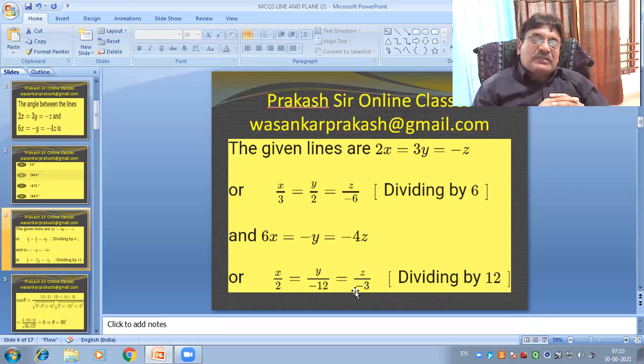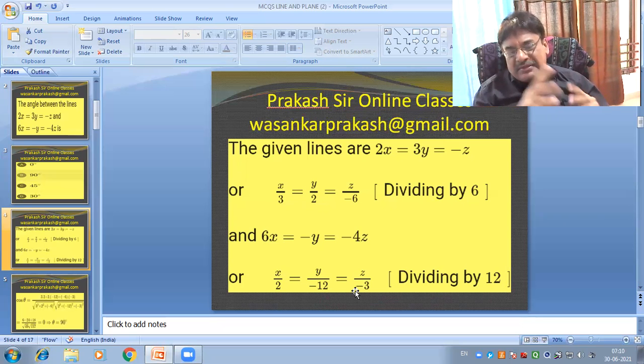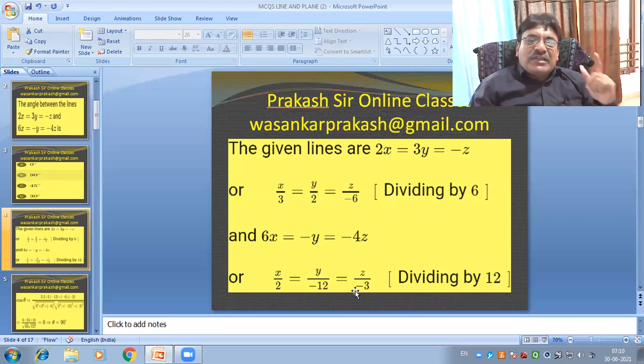Then we use the formula cos theta = (a1 a2 + b1 b2 + c1 c2) / (under root a1 square + b1 square + c1 square into under root a2 square + b2 square + c2 square). By the help of this result, we find the required angle between the given two lines. So a1 a2 is 3 into 2, 6; 2 into -12, that is -24; -6 into -3, that is 18.